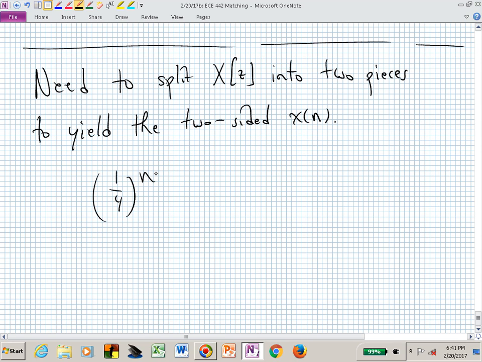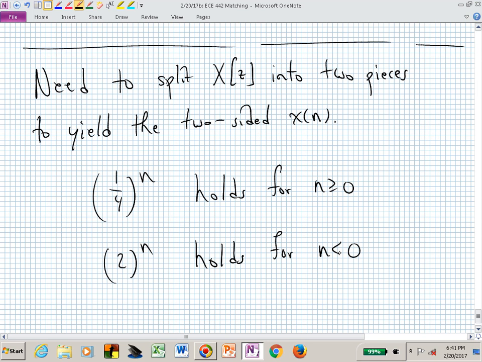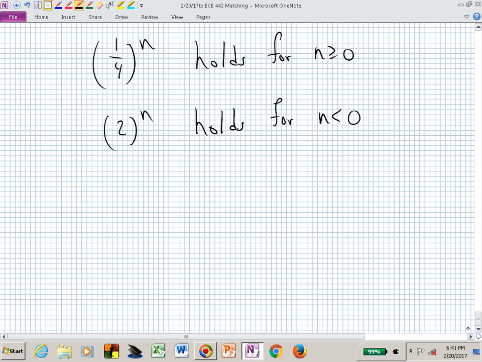We know the 1/4 mode holds for non-negative n, and we know that the 2 mode holds for negative n. How do we find the answers that we want? The weightings on the 1/4 and the 2.